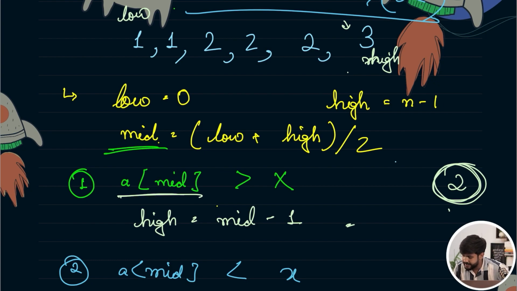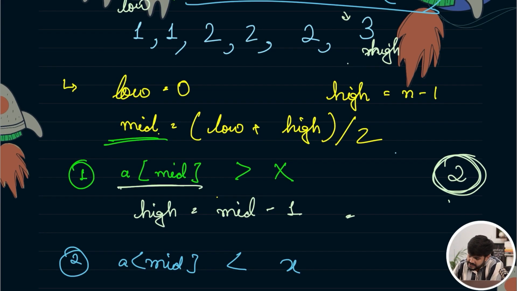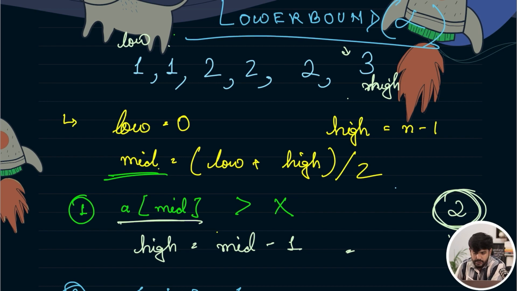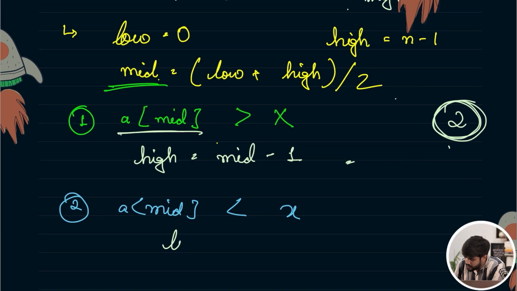Let's say the element A of mid is less than x. So either the answer can be equal or the answer can be greater. It can't be less. Greater elements are found on the right-hand side, but still I would just show you. Let's say mid is pointing to just 1. Then we should go to mid plus 1, that is low. We should make low here only and high would remain at its position. That is why we would say that if A of mid is less than x, we would make low equal to mid plus 1.